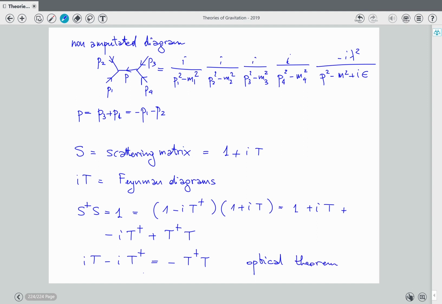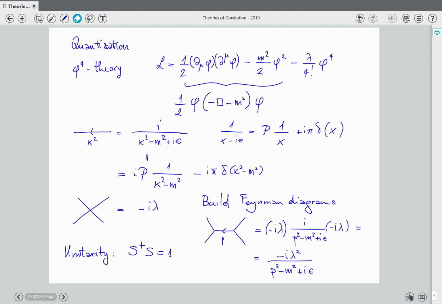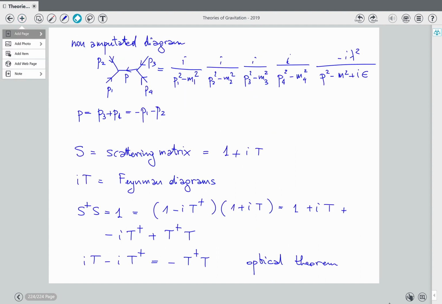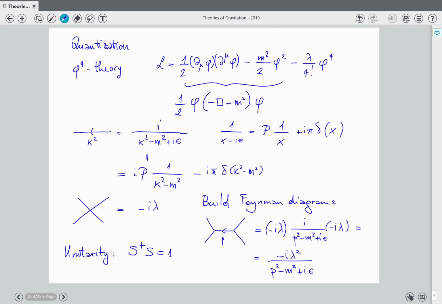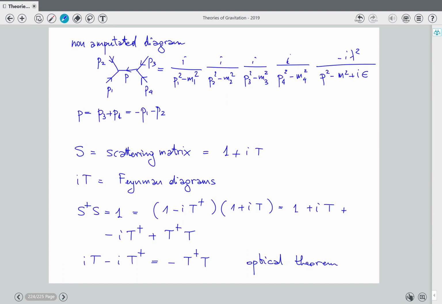And it has a diagrammatic version, can be written as a property satisfied by each Feynman diagram. But let's apply it to this simple Feynman diagram. So this diagram is our IT for the moment. So let's take IT equal to that diagram, which is minus I lambda squared divided by P squared minus M squared plus I epsilon.